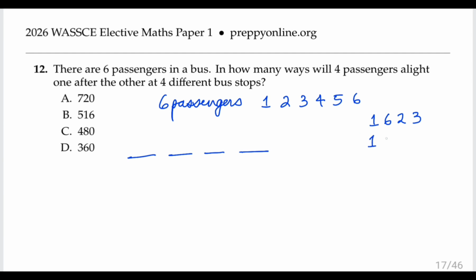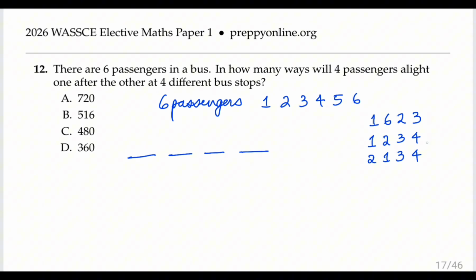You can have another arrangement, 1, 2, 3, 4. So here passenger 1 gets down first, 2 gets down second, 3 gets down third, and 4 gets down fourth. Yet another arrangement: if now we have 2, 1, 3, 4, that's a different arrangement, because in this one, passenger 2 got down at the first bus stop, passenger 1 got down second, passenger 3 got down third, and then passenger 4 got down fourth.